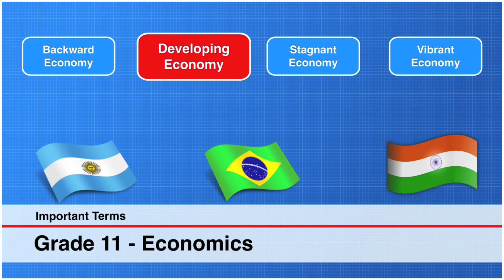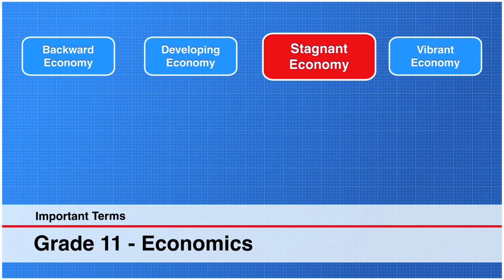Now, the third of these four definitions, a stagnant economy, is a little bit difficult to imagine because it doesn't really imply a particular standard of living. So this could be a very rich country, it could be a very poor country, it could be somewhere in the middle. But really what it defines is an economy that is characterized by a prolonged period of slow economic growth.